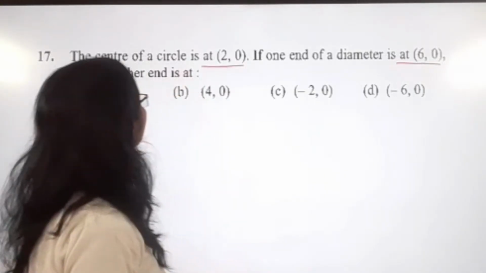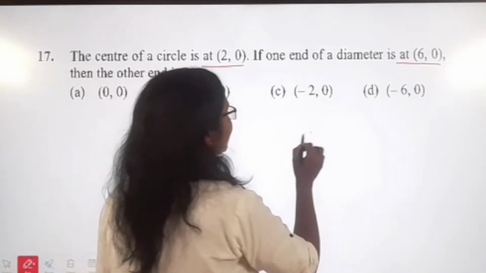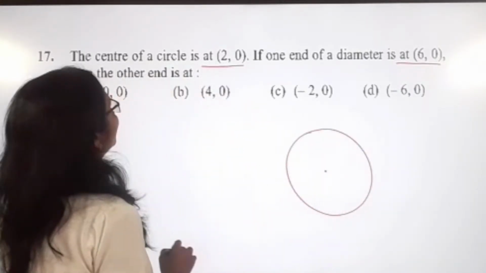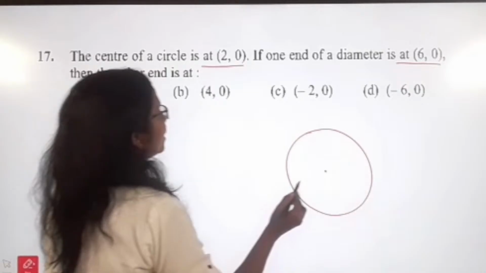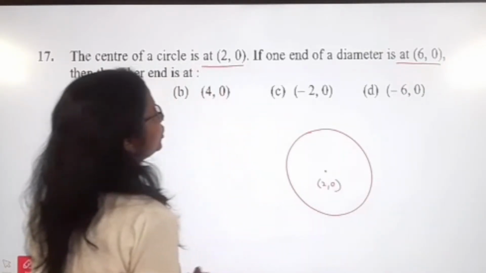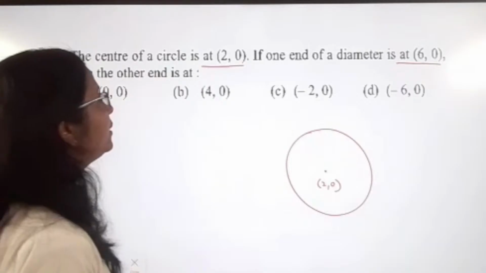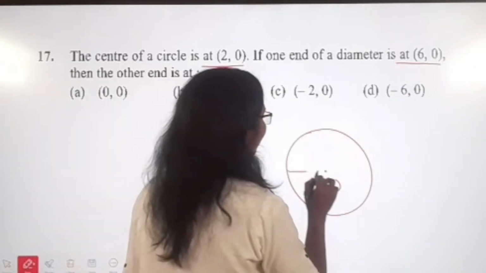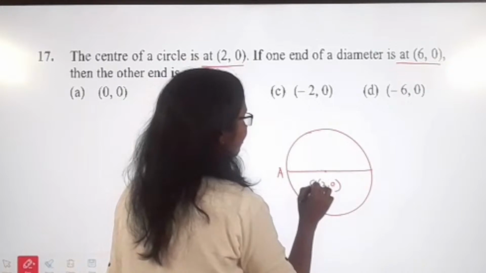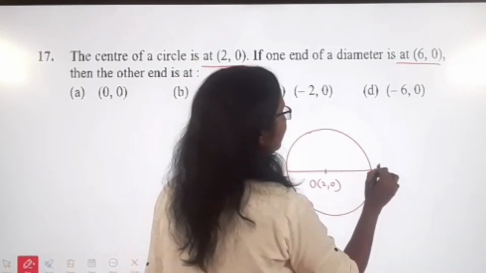So here now there is a circle and this is the center. The center of a circle is at 2, 0, so this is the 2, 0 point. And the diameter. Here I consider A, this will be O, and this will be B.